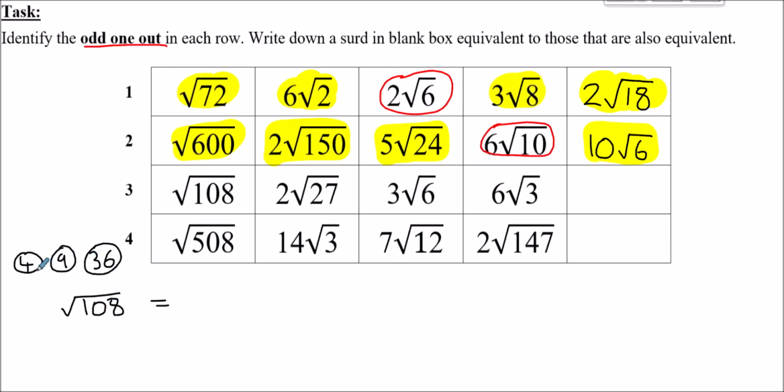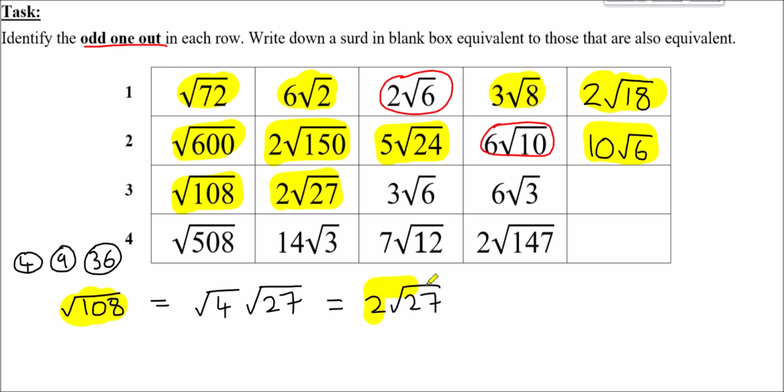So first of all, starting with 4, we can say root 108 is the same as root 4 multiplied by root 27, because 4 multiplied by 27 is 108. Root 4 is 2, root 27 can be left as it is. So already we can see that root 108 pairs with 2 root 27.